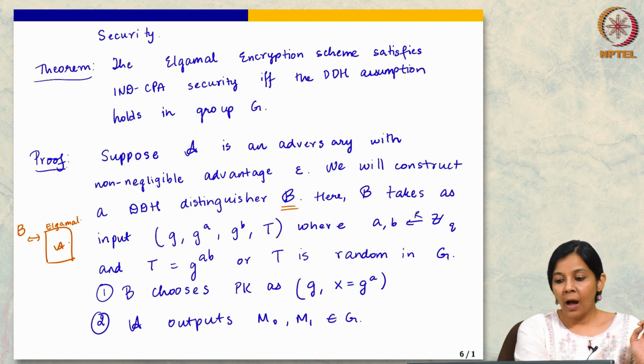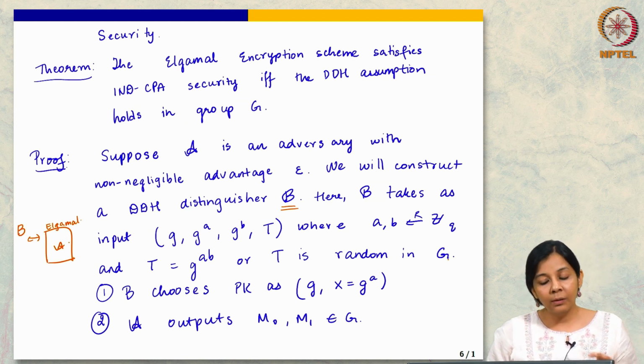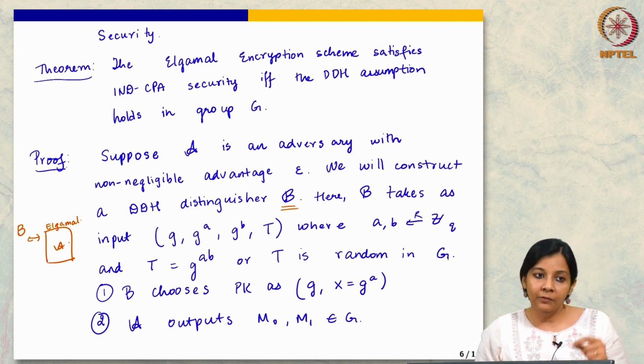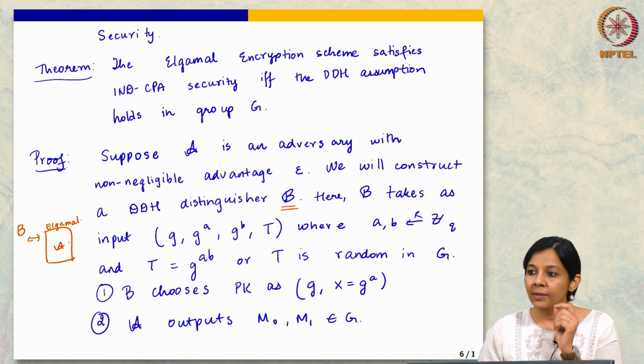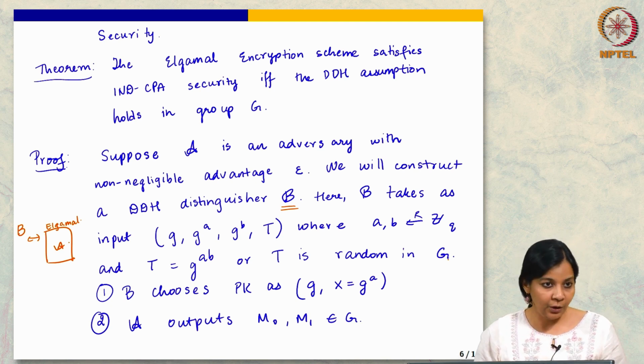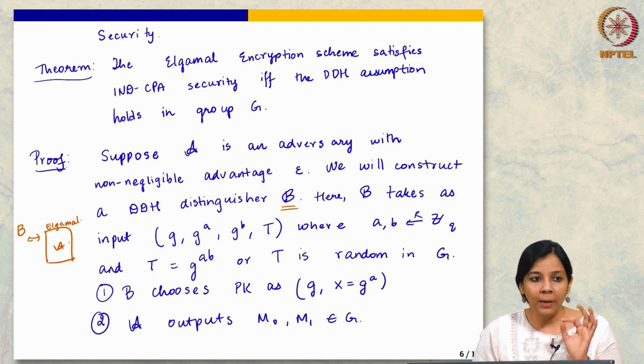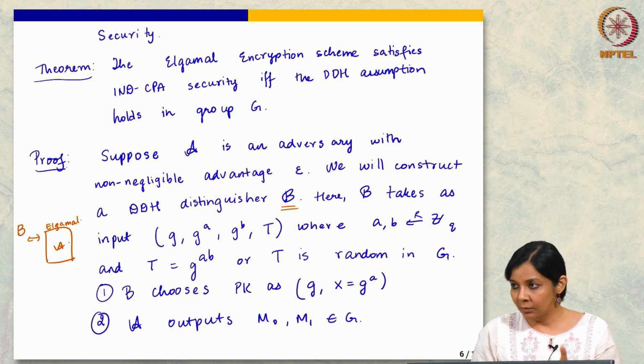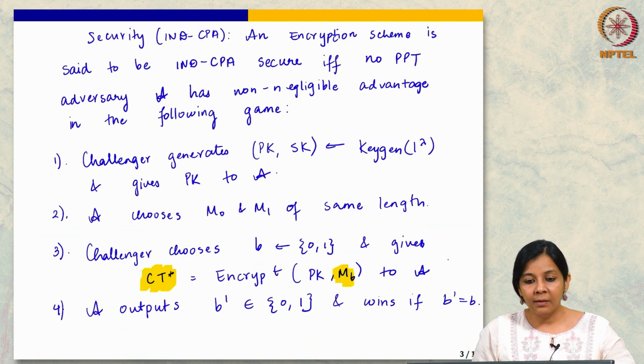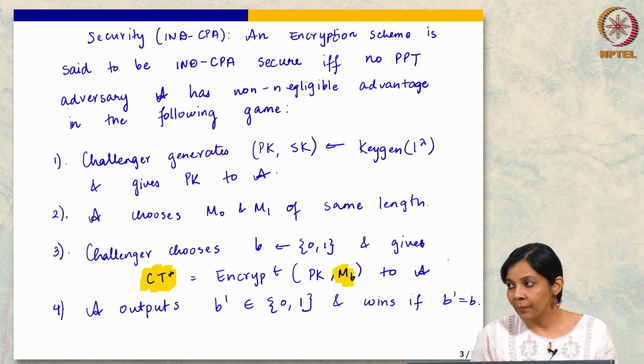Now, how do I prove security? Security follows very intuitively, which is why this is a very good first example of a security proof. It follows very intuitively from this DDH assumption in the way that we discussed, but in order to write it formally, we just need to be a little bit careful. What we need to do is construct a reduction, where I construct some algorithm B that plays the challenger in this IND-CPA game.